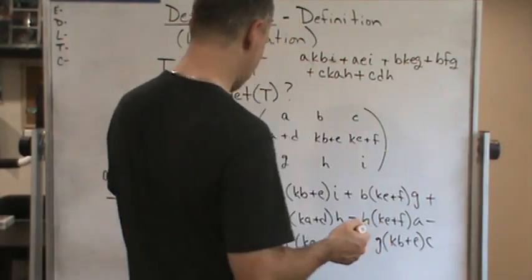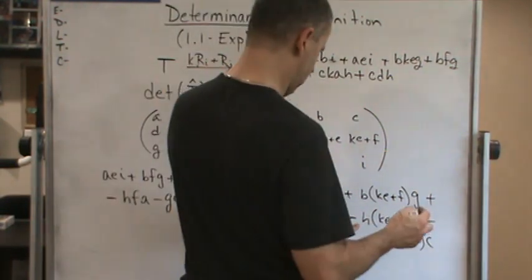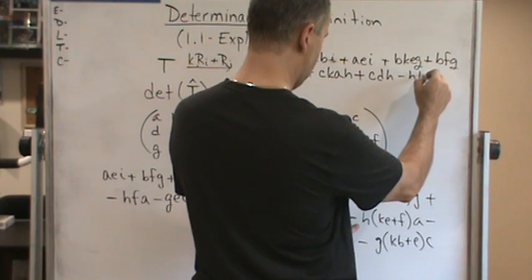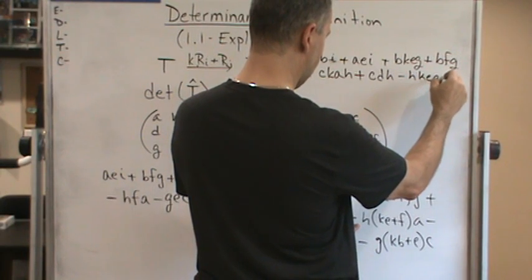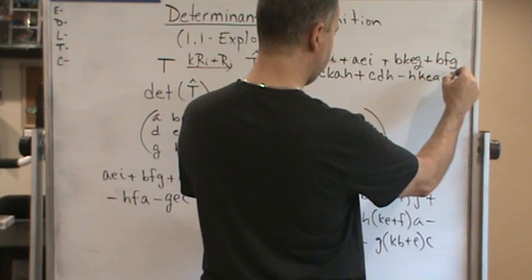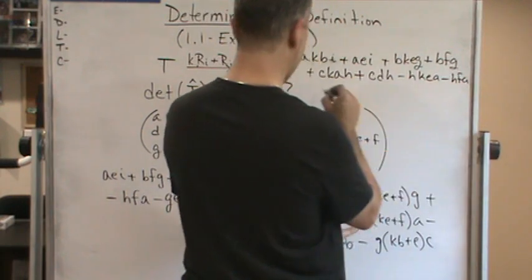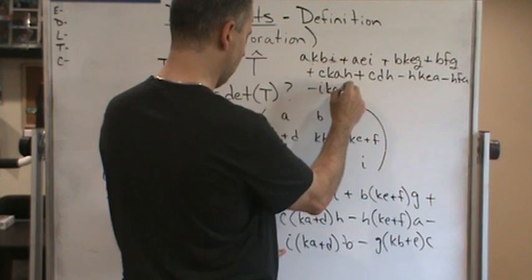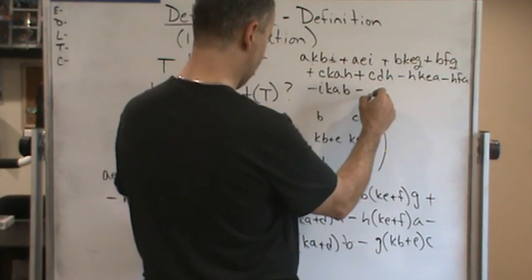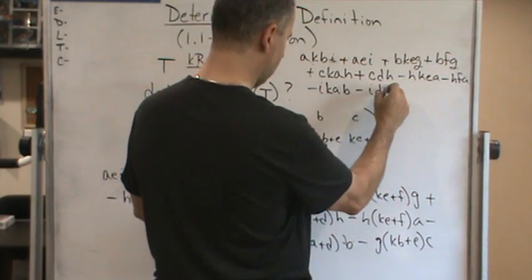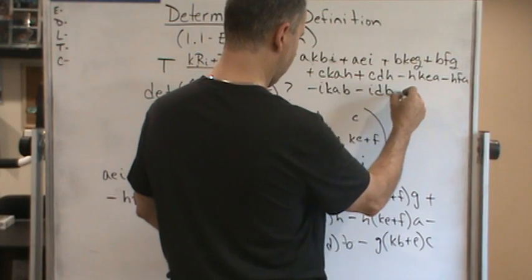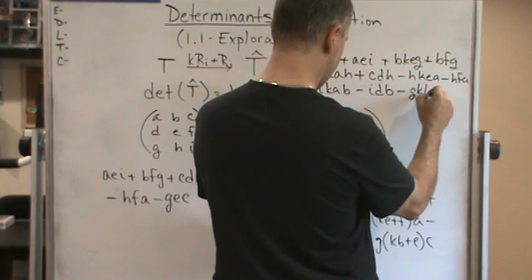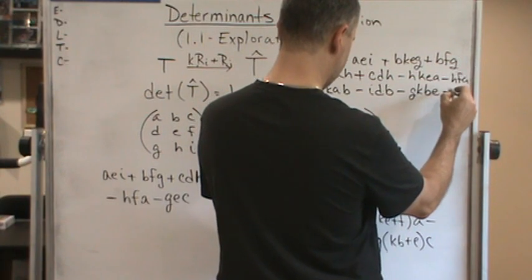So now we've done the three positives. Let's do the negatives now. We get minus HKEA minus HFA, minus IKAB minus IDB, minus GKBE minus GEC.